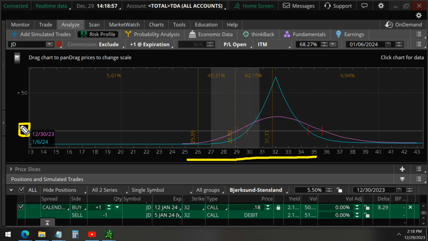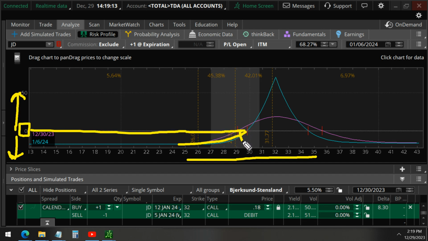Anything above this zero, if the lines are above zero, this is a gain in profit. If it's below, then this is a loss. And so you can see that the blue line and purple line over here is below this zero line, which means if it starts to drop below this share price of around $29, then this trade would be a loss.